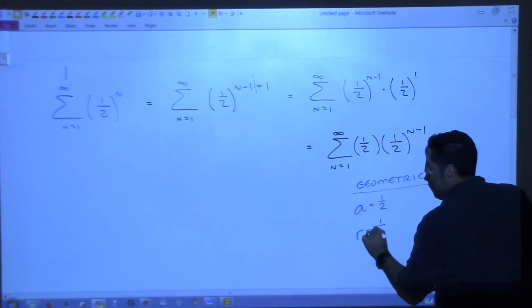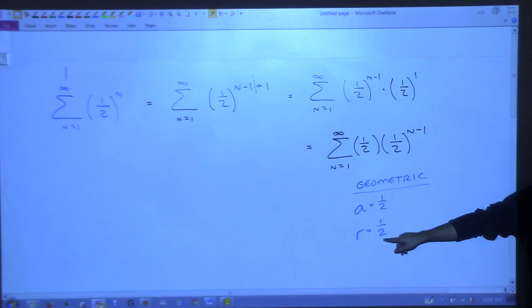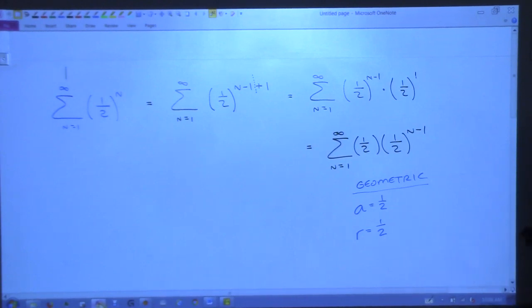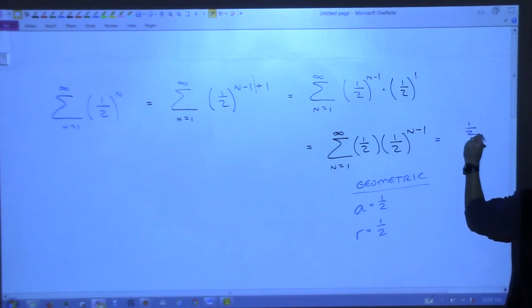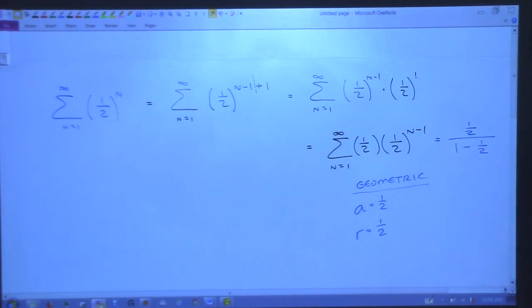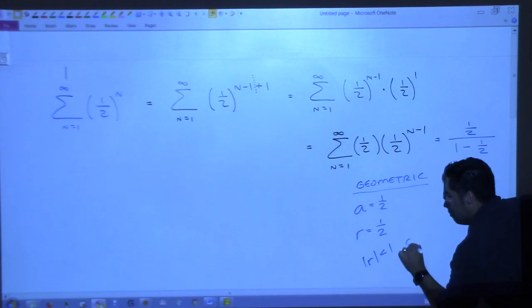R is a half. And since the absolute value of r is again less than 1, this converges. What does it converge to? A over 1 minus r.